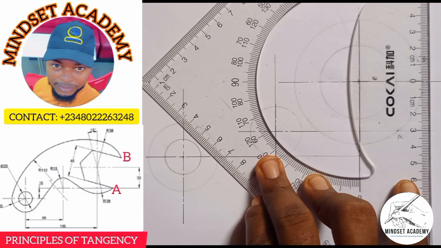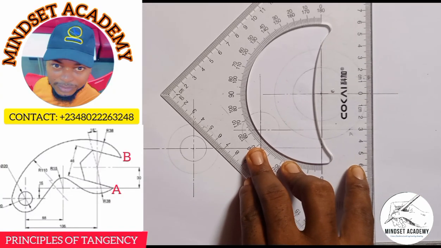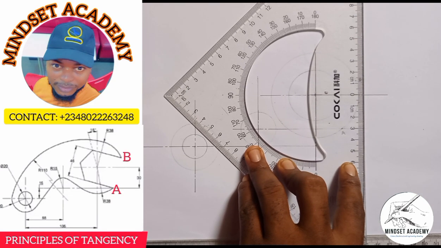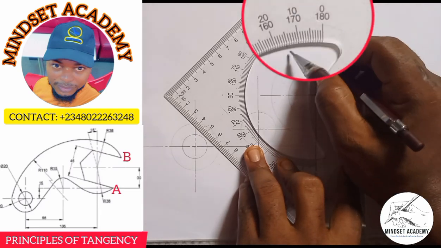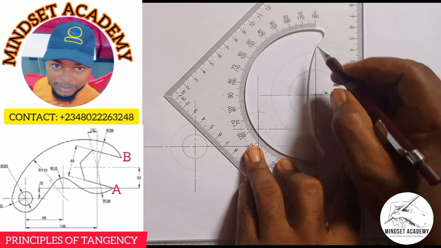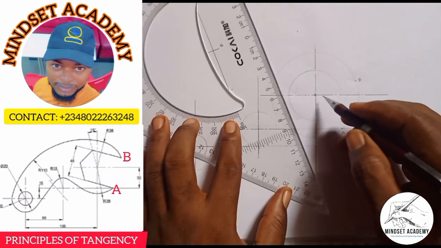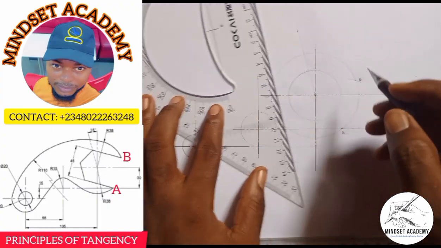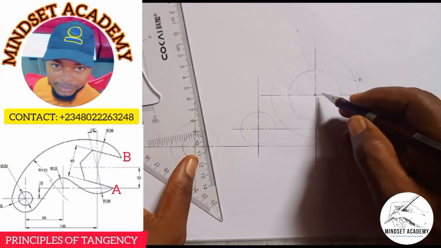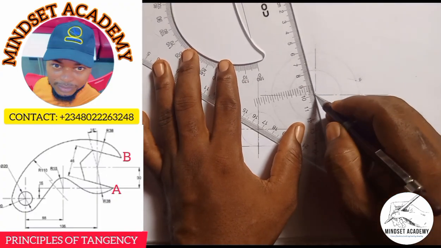let me zoom it down so we can have a clearer view of what we're talking about. So this is 0, 10, in between 20 and 10 is 15. Right? So my 15 degrees is somewhere around here. So I'll just draw a line from this point to the center. So it means this line I draw is my 15 degrees.